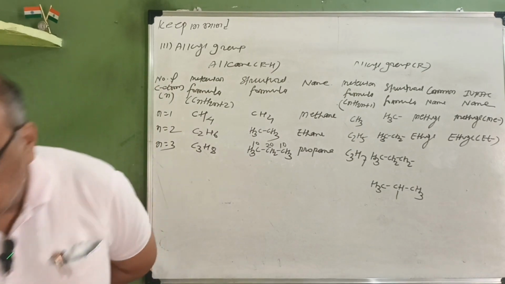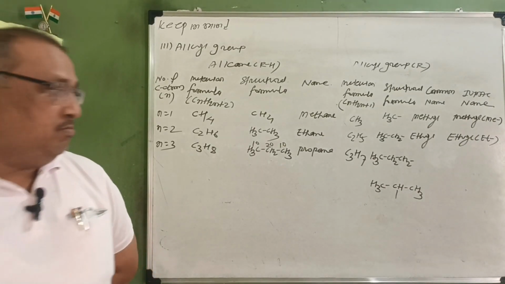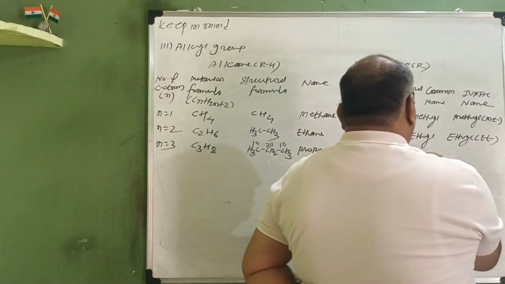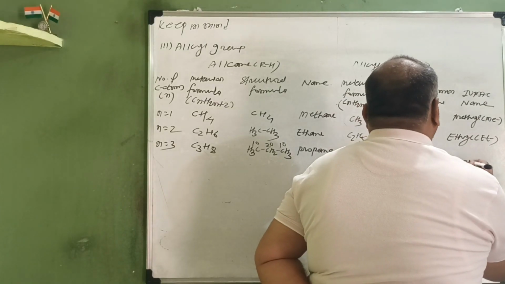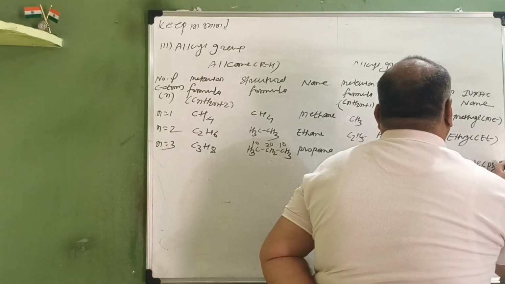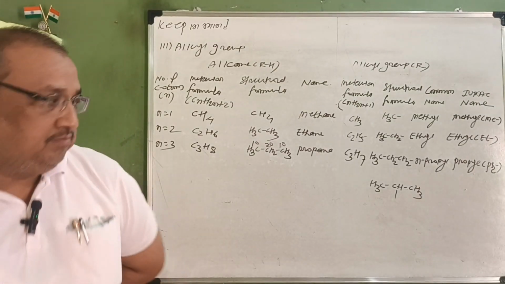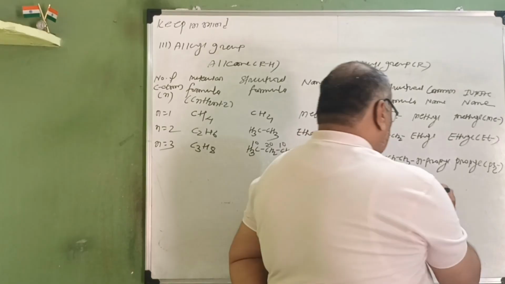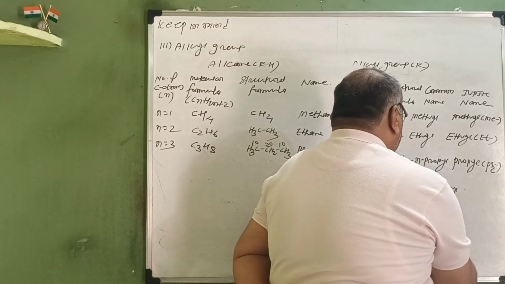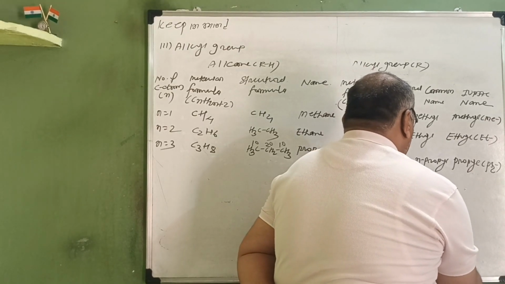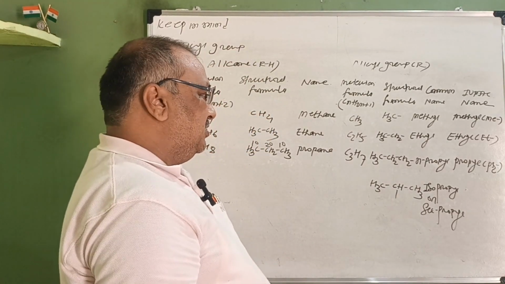That is here n-propyl, and here write down only propyl, that is Pr. Here isopropyl or sec-propyl. What is the IUPAC name of this?